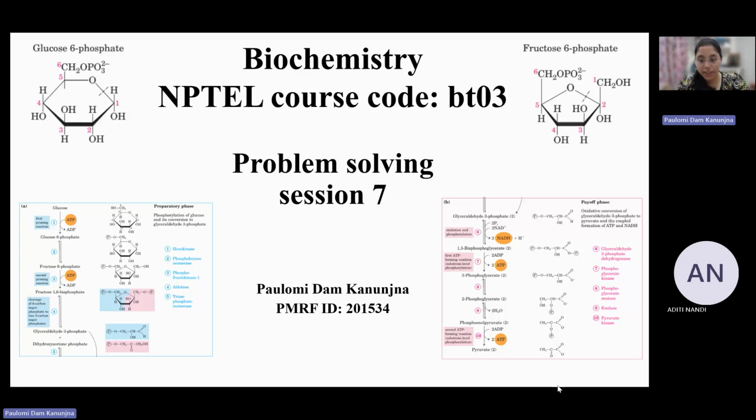I will just mention the step, tell what major form is converting to what, which enzyme is being used, and if there is something particularly important about the step. But do refer to some book so that you understand each of these steps in much more detail, right?